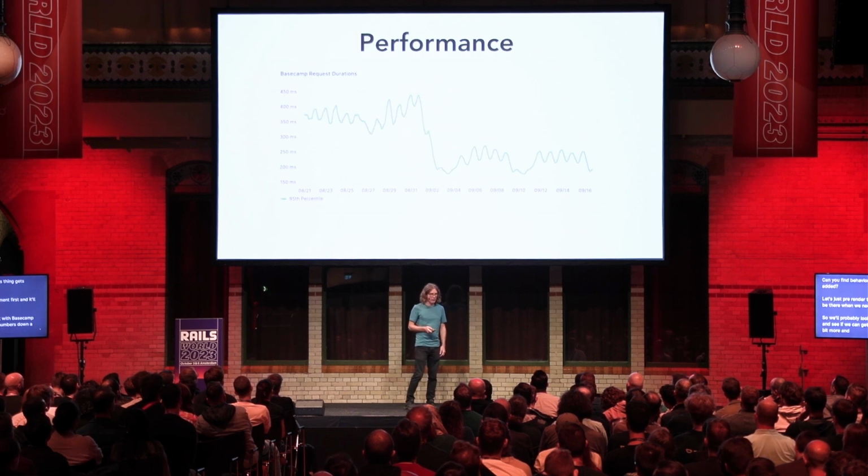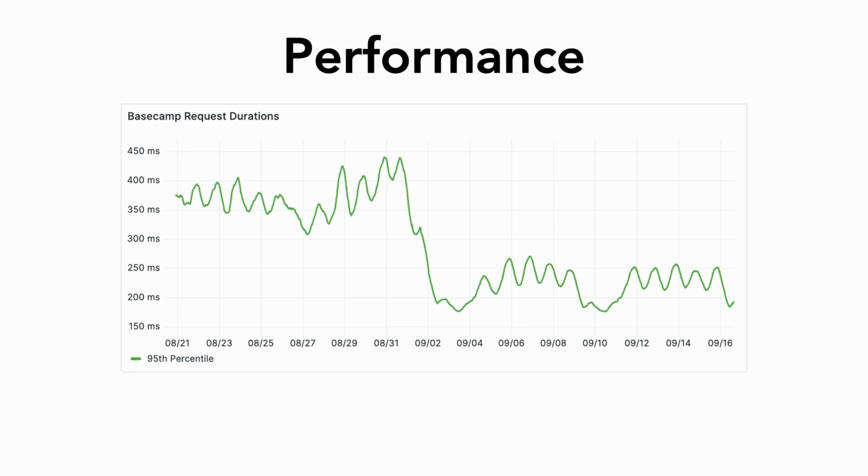And then here's the performance graph, a bit like the one David showed earlier. Yes, it got a lot faster, but what was a real surprise for me was how quick it was. Now, I think this graph is overselling the speed a little bit, partly because this drop happened over a weekend where we naturally have a drop anyway. Also, just before the drop, you can see erratic behavior.